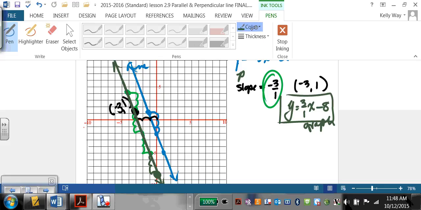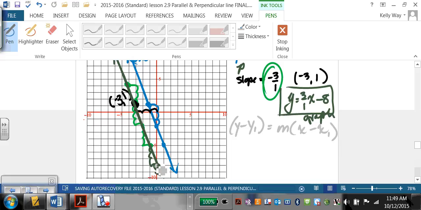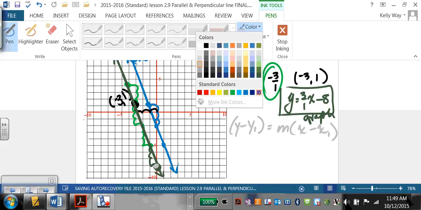Okay. Now we have to do the algebra too to double check because you have to be able to do it both ways. So we're going to go like this. Y minus y1 equals slope x minus x1. It's right there. Ready? Okay. Now we're going to plug them in.